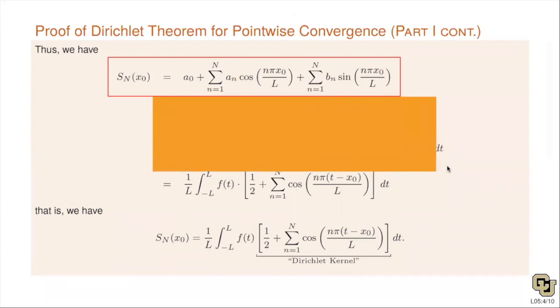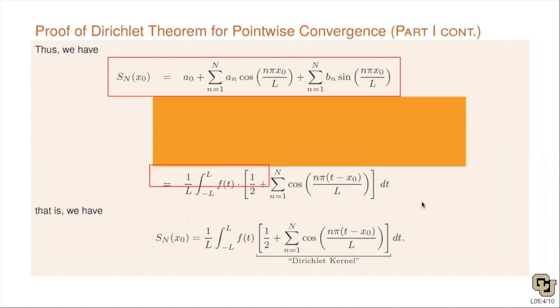Then just go down to this last equation here. At the end of the day, what's the point of all these mathematical gyrations? The point is now we've written the partial sum in integral form. So that's step one.